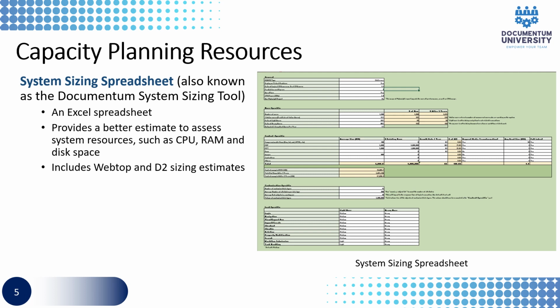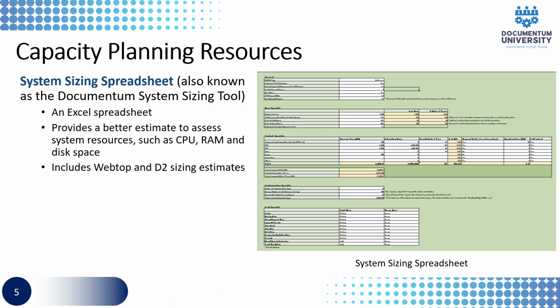The System Sizing Spreadsheet is an Excel spreadsheet that includes Webtop and D2 sizing estimates, ensuring that all aspects of the Documentum system are taken into consideration. This means that you can be confident that you are getting an accurate estimate of the resources required for your specific Documentum implementation.